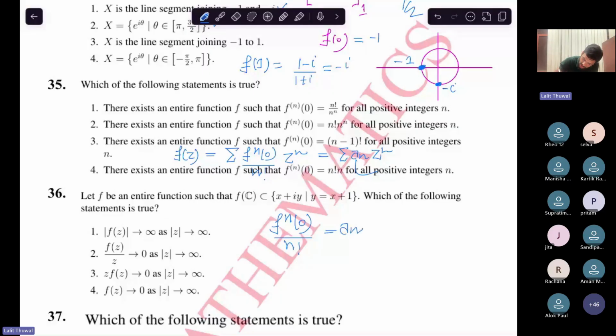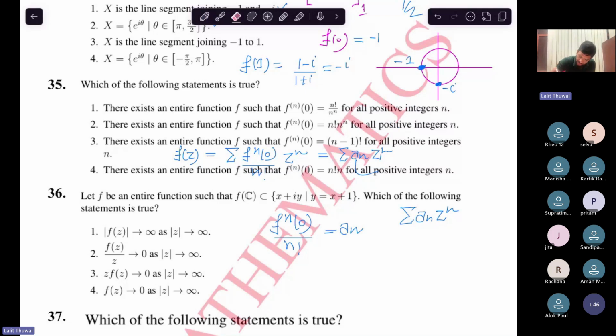Now, use this formula. I suppose that you have this power series. This power series converges for each z. It means the radius of convergence should be infinite. So for which of the following is the radius of convergence not finite?